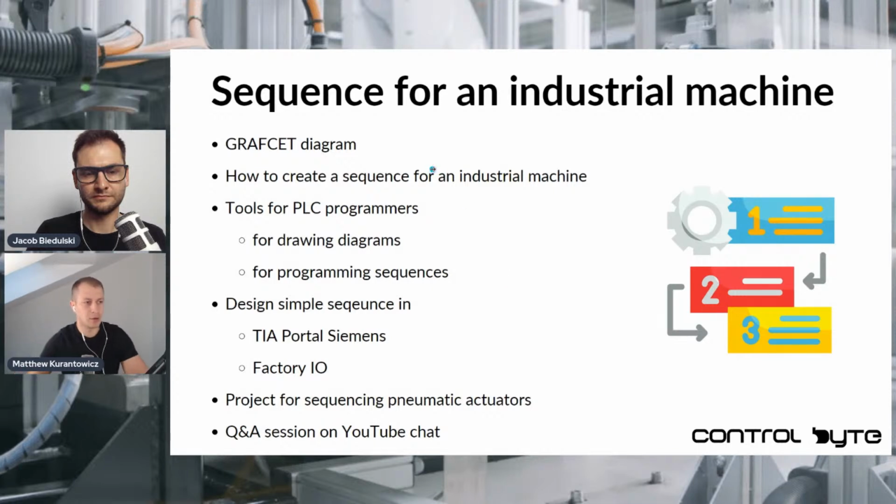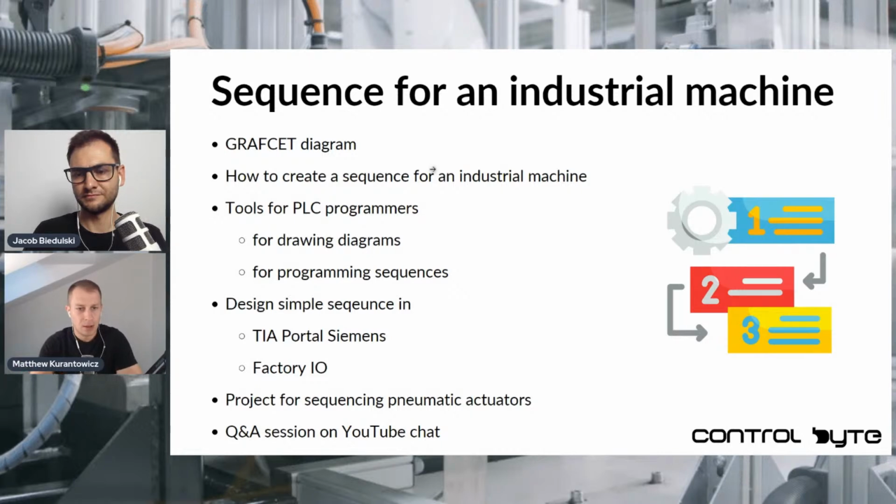Firstly, we will show you a simple GRAFCET diagram. This is a diagram where we can plan our sequence for the machine. It is a graphical representation of our program in some cases, but also GRAPH is a programming language, and you can use this language. And next, you can download the program directly to our PLC.